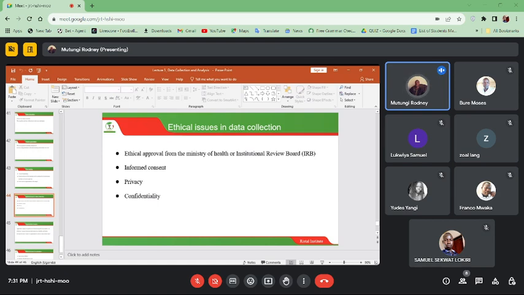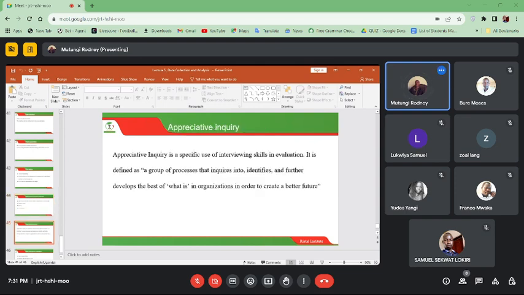Most institutions do have this institutional review board, and they are the ones who give the green light to their students or academic staff or anyone who is going to go through that institution to do these assessments or researches.